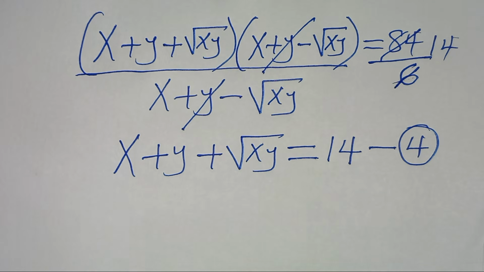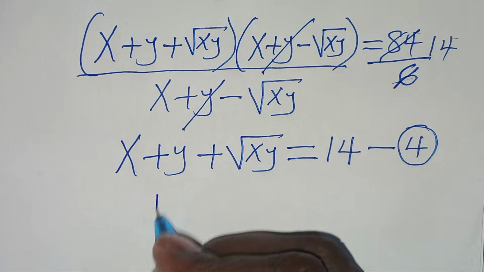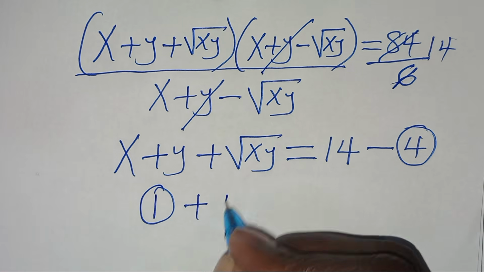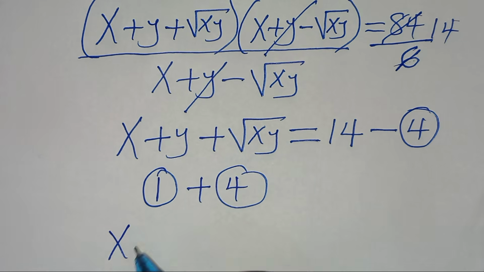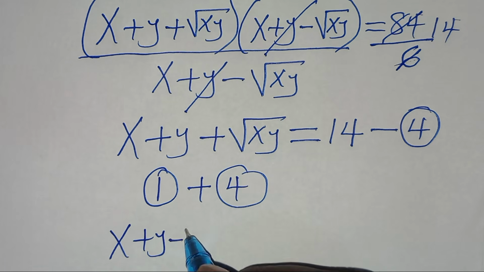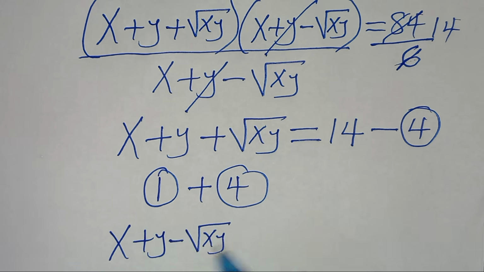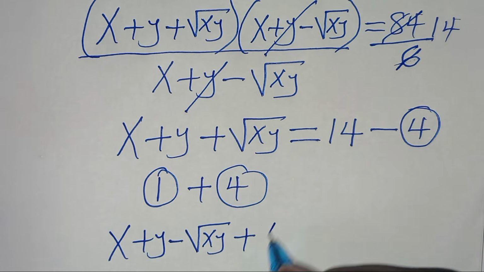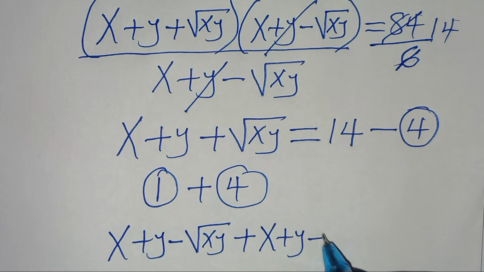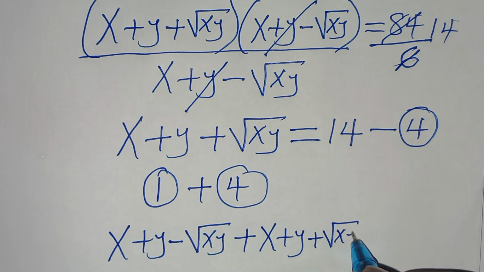Now the next step is to add equation 1 plus equation 4. Equation 1 is x plus y minus square root of xy, plus equation 4, which is x plus y plus square root of xy.